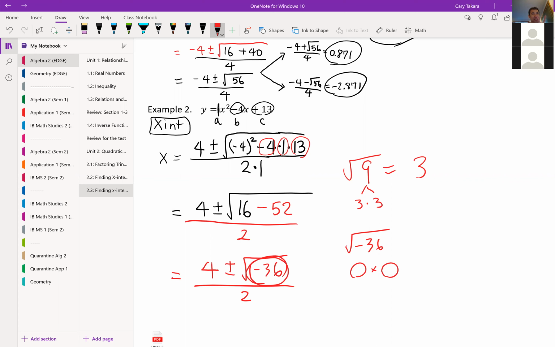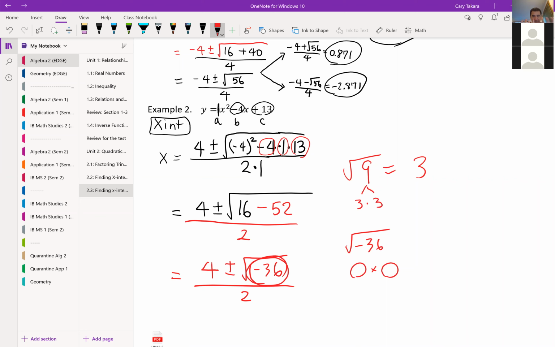Two numbers being the same number. What times what gives negative 36? Well, 6 times 6 is 36. Negative 6 times negative 6 is also positive 36, right?